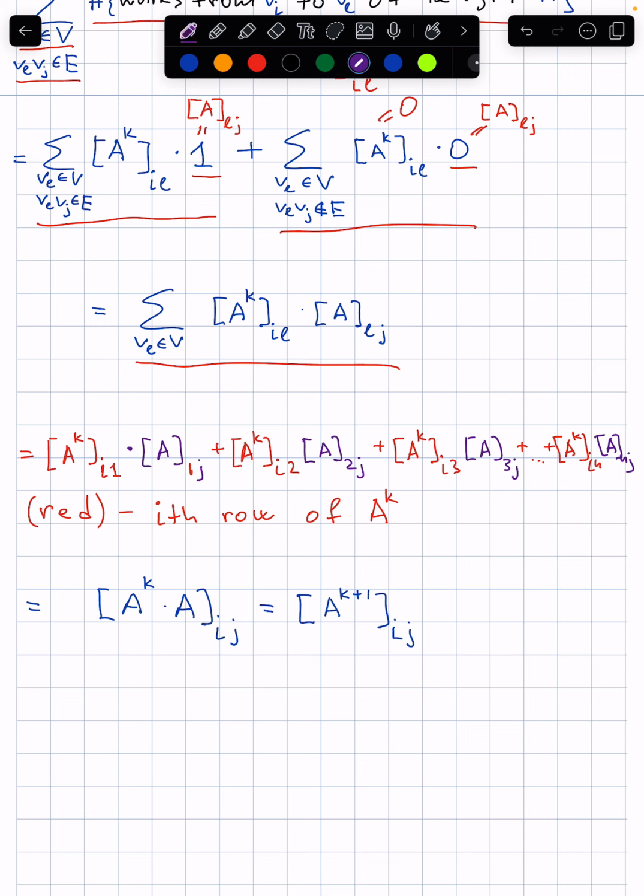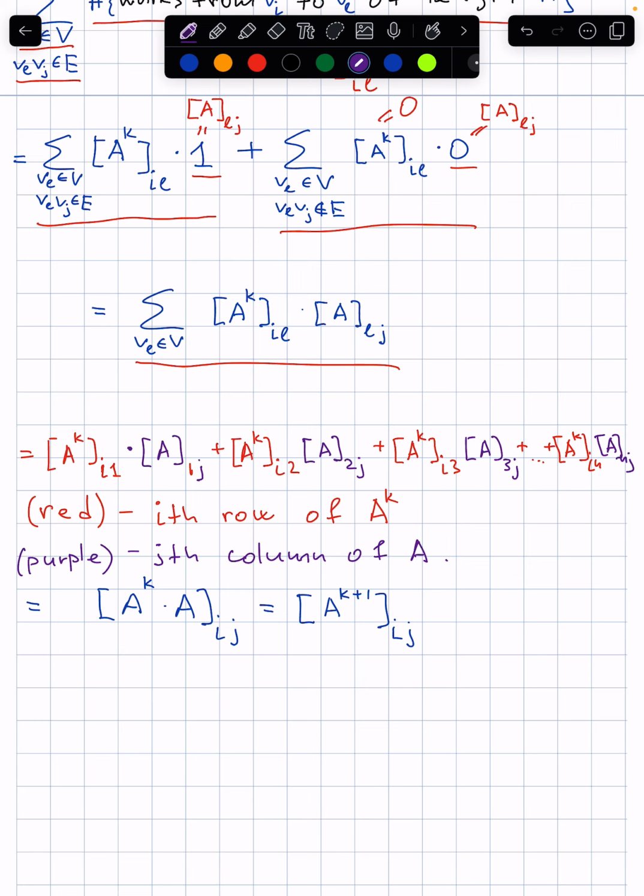And in purple, we get exactly the jth column of the matrix A itself.